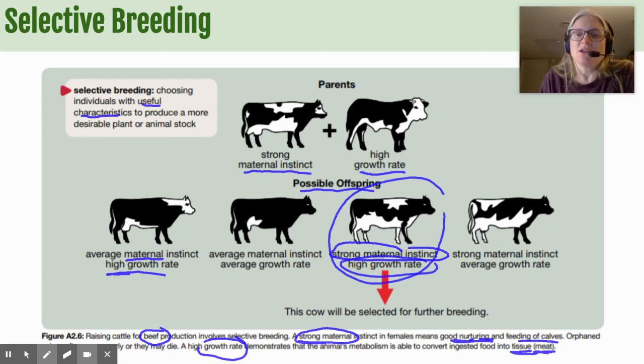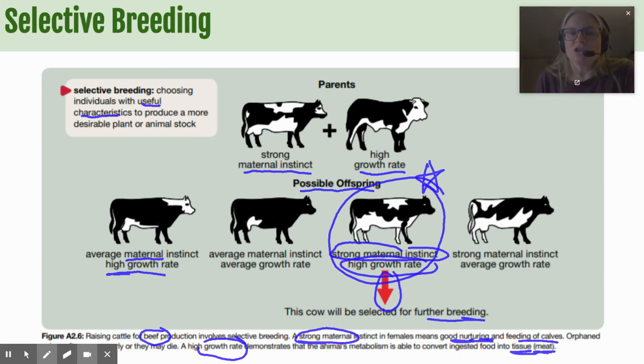So you like this offspring, so you're going to want to select this cow to continue breeding. So you'll see a lot of this play out with dog breeders as well. They'll look for the dogs that have the traits that they want to pass on, and they'll select those dogs to be their breeding dogs.